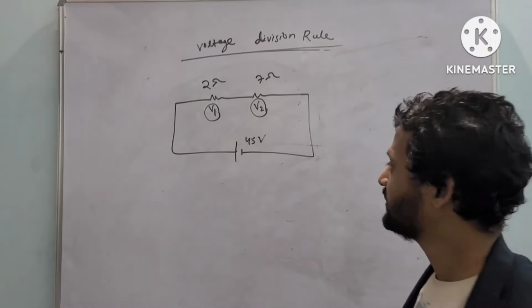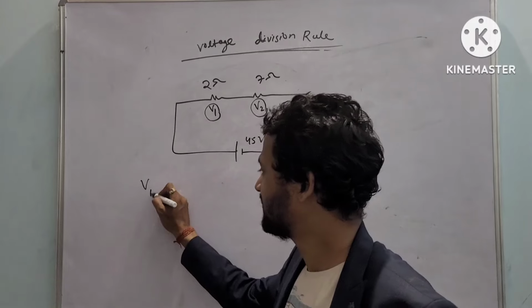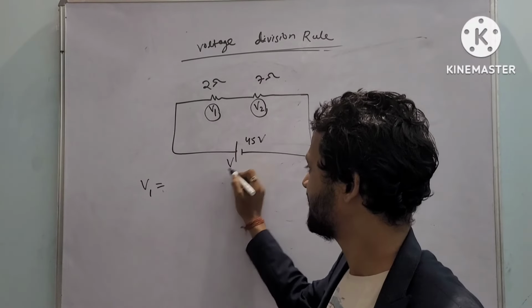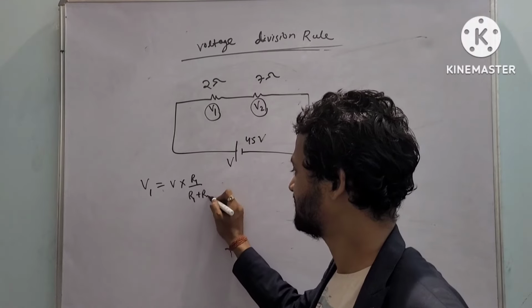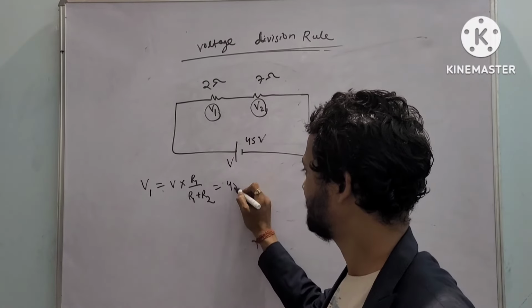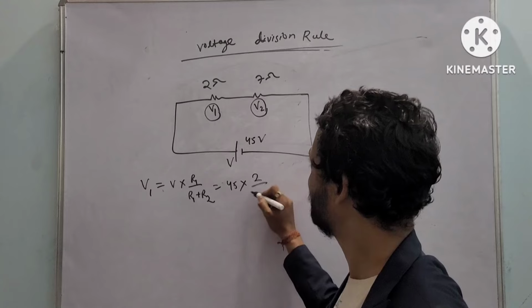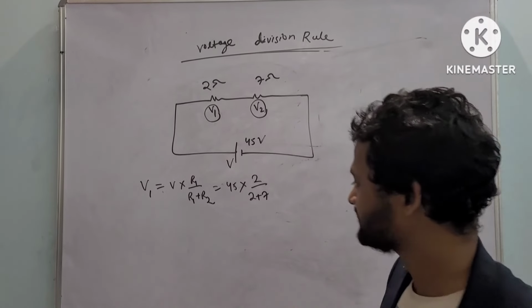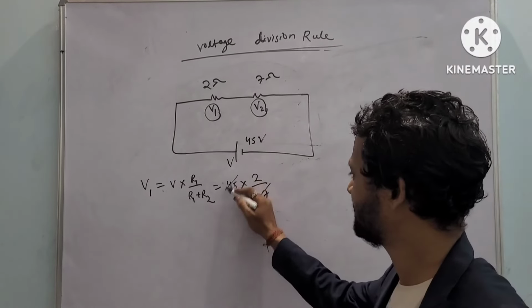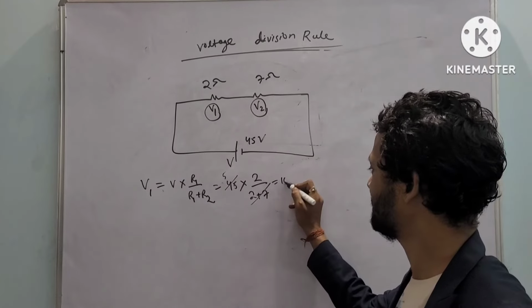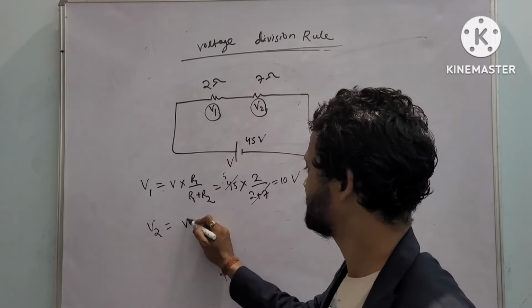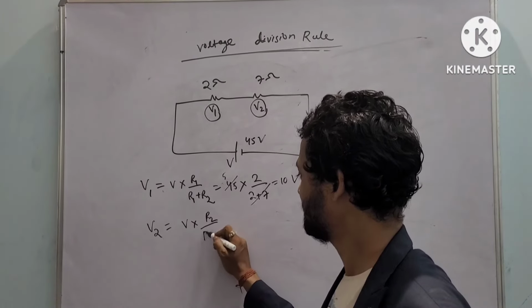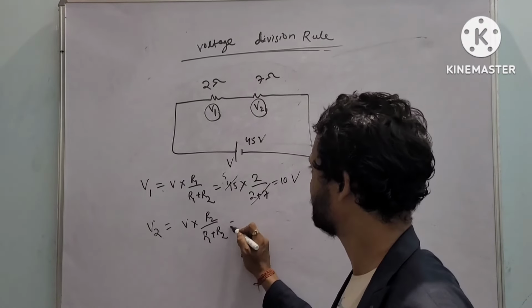Okay, so पहले ट्रेडिशनल मेथड क्या था? फॉर्मूला क्या था? V1 is supply voltage into R1 by R1 plus R2. So V is 45, R1 is 2 by 2 plus 7. ठीक है. So 9 फाइव्स 45, मतलब 5, तो आंसर हो गया 10 volt. And what is V2? V2 is V into R2 by R1 plus R2.